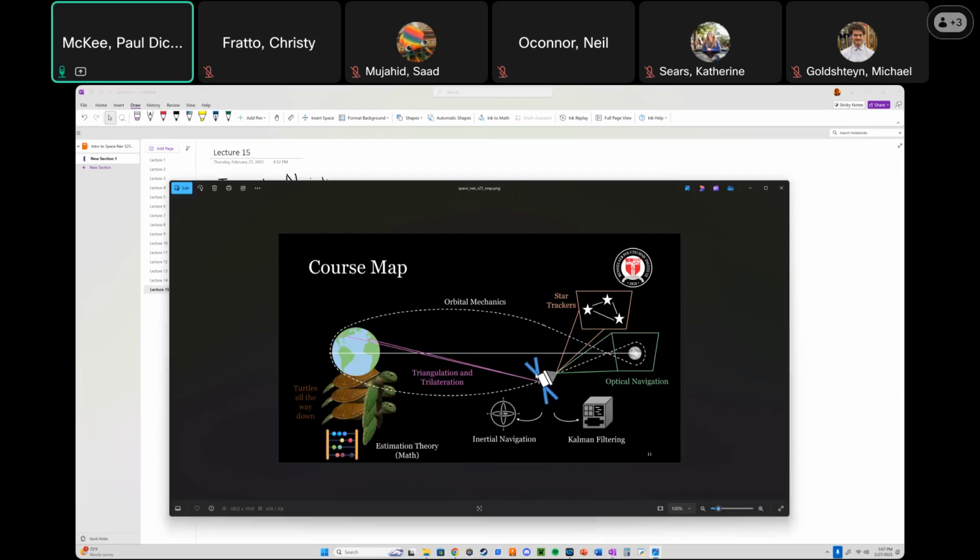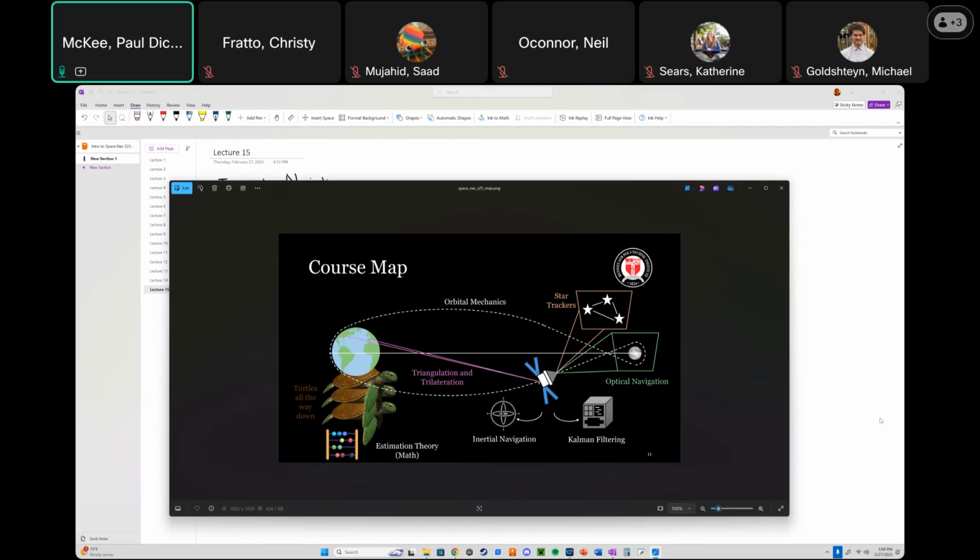I guess maybe that would be analogous to hearing, not exactly. Still, you're communicating with light when you do triangulation and trilateration. Your camera is very closely analogous to your eyes. Kalman filter, I guess, would be like your brain. That's kind of the flight computer.